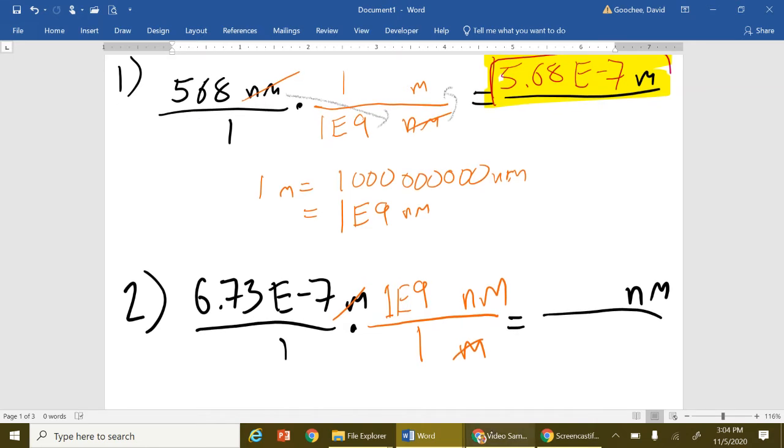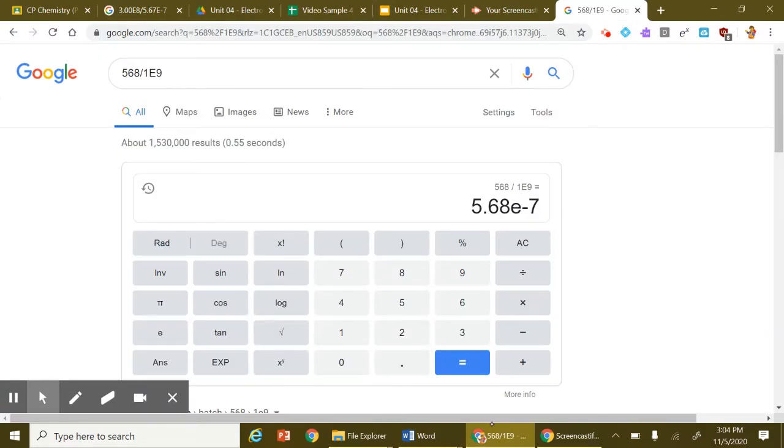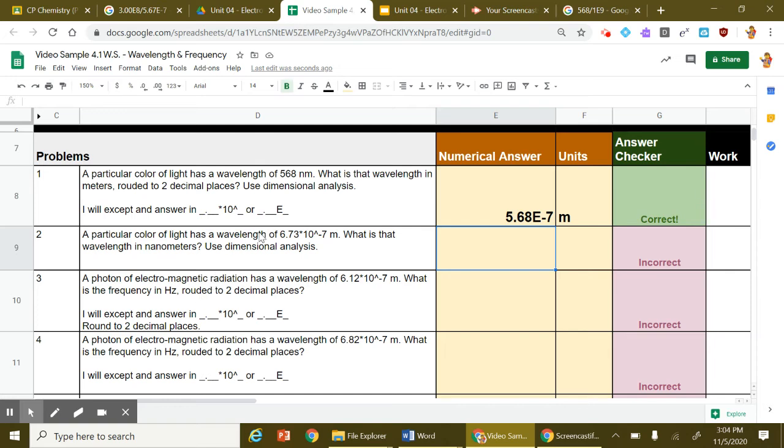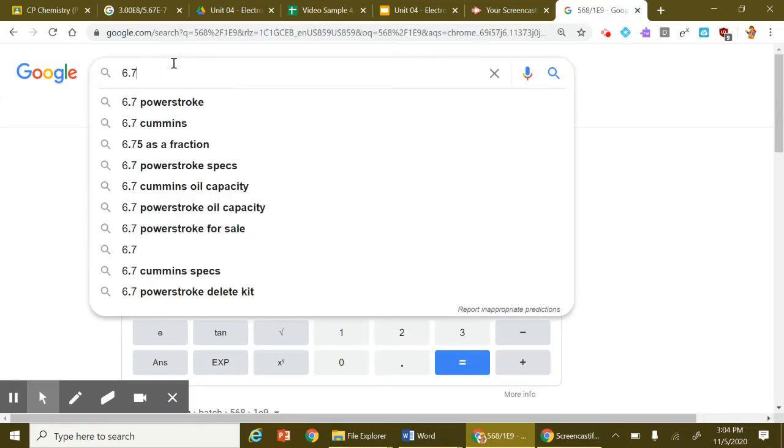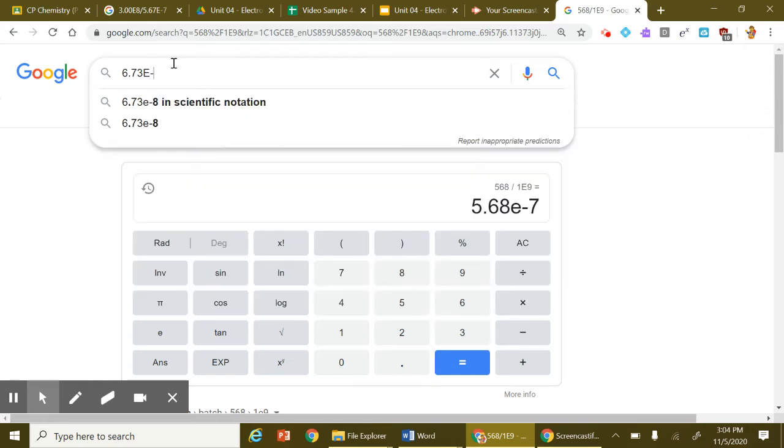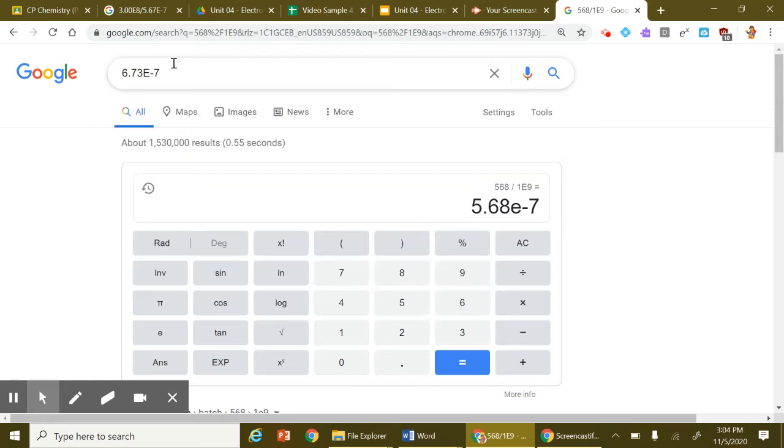So I'm going to go to Google and do 6.73 times 10 to the negative 7th, times 1,000,000,000.